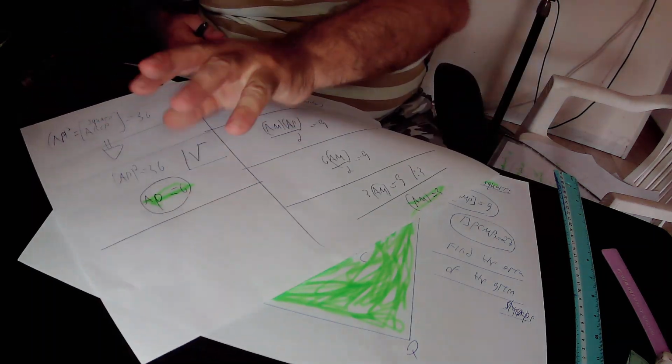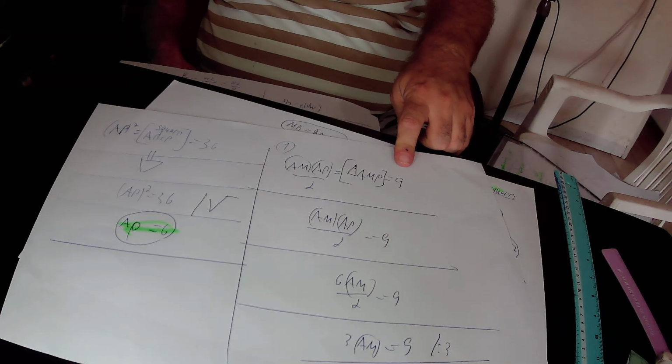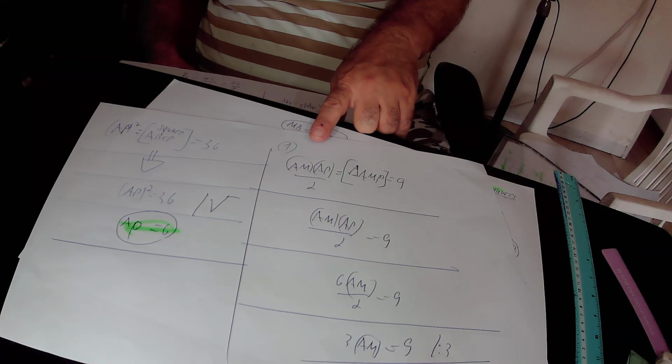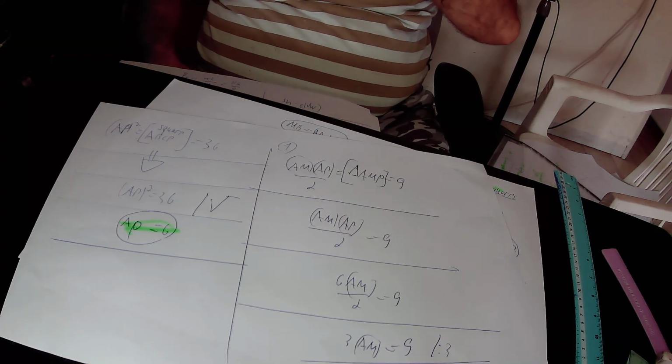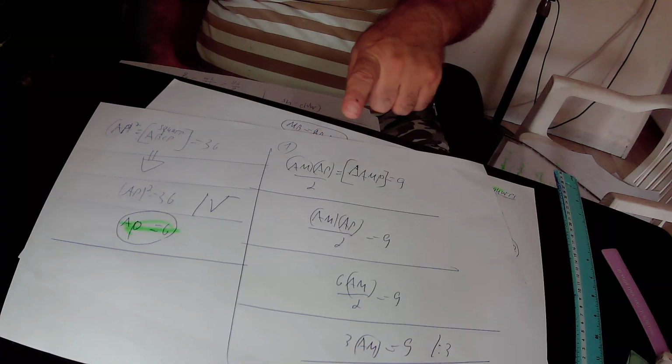So the area of triangle AMP equals 9 from one side, and from the other side equals the base AM times the height AP over 2. From this equation, we derive that AM times AP over 2 equals 9.